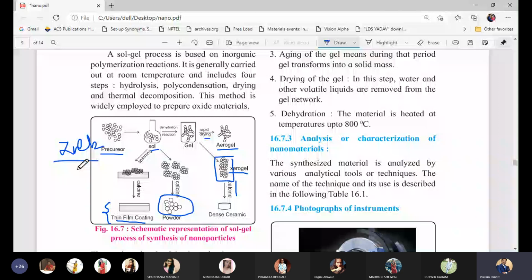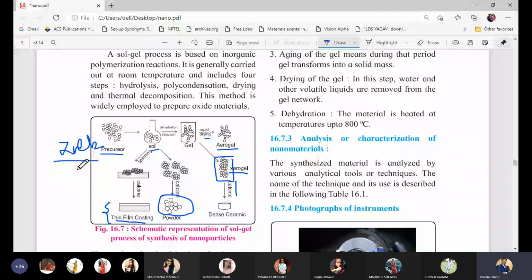When you add water, hydrogen comes here and replaces this R. So ROH, that is alcohol, is formed. You can evaporate the alcohol. You will get this type of hydroxide, OH. When this hydroxide comes in contact with another molecule of metal alkoxide, it will form this metal-oxygen bond.